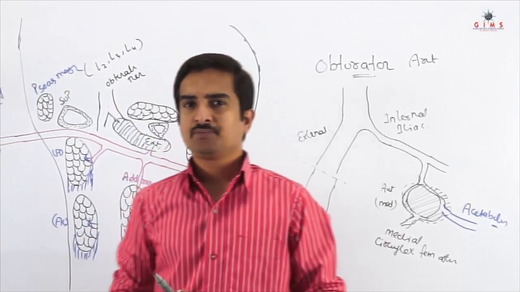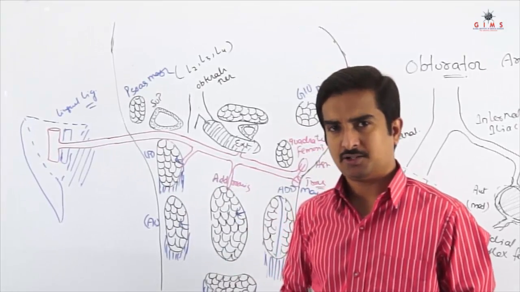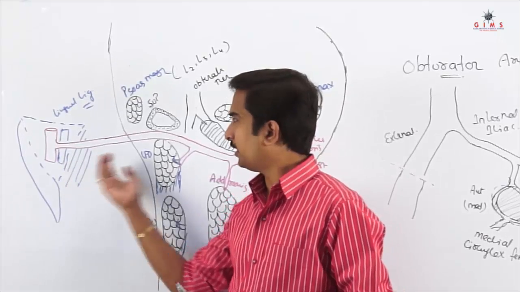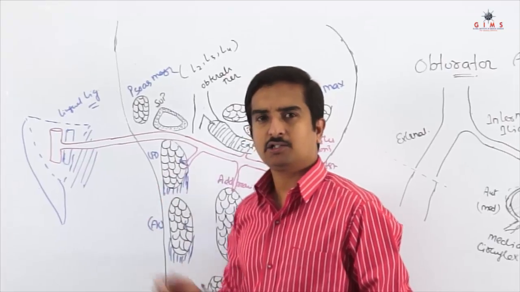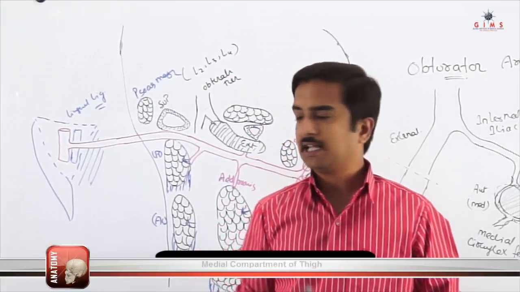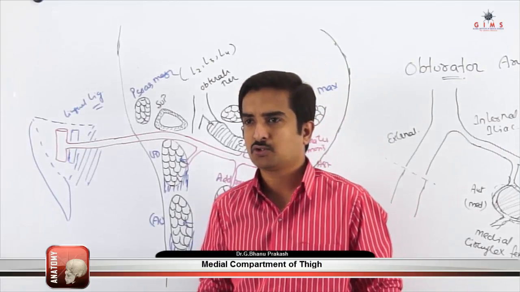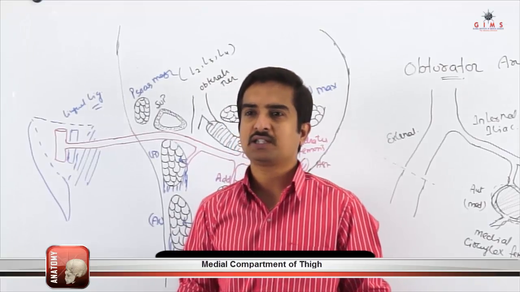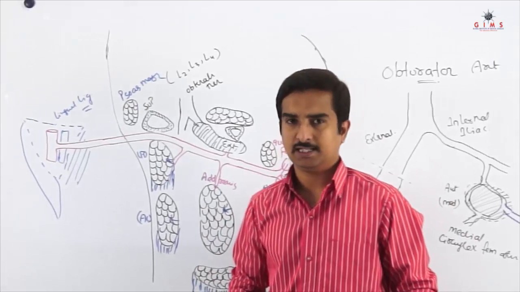Like that, the medial circumflex femoral artery, after it leaves the femoral triangle and passes between the psoas major and pectineus, also gives off a branch to the acetabulum. This acetabular branch also supplies the fat in the acetabular fossa. So it also sends a twig to the head of the femur along the round ligament.